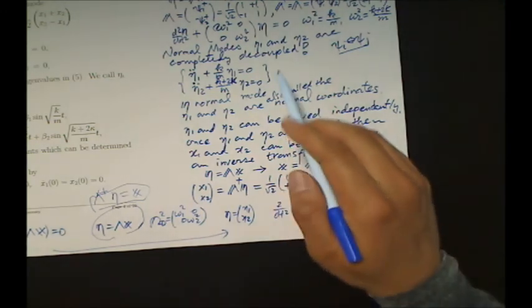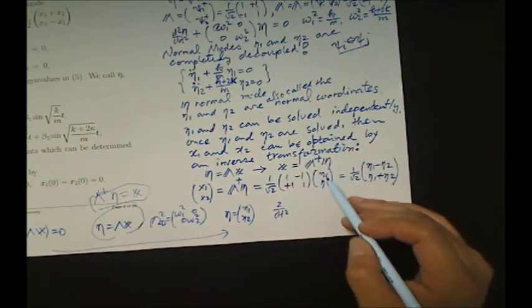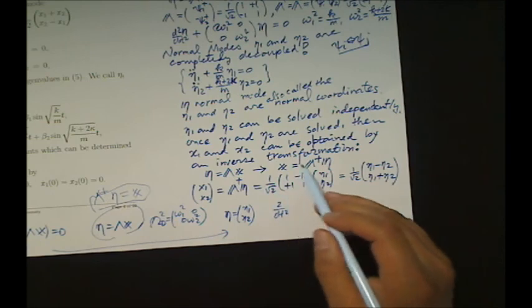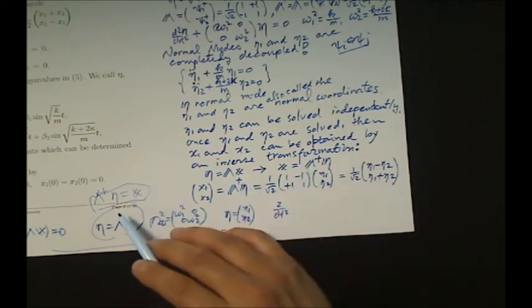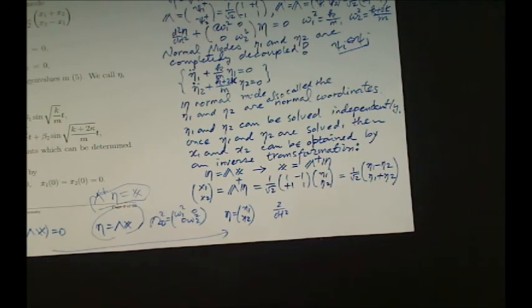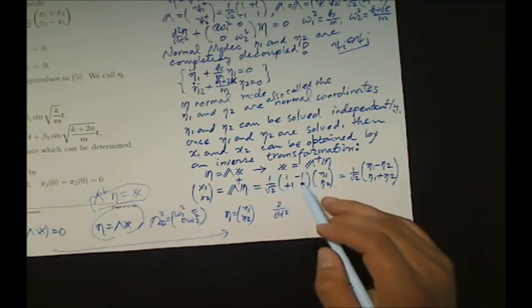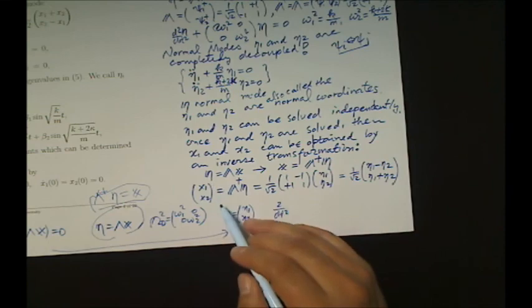By solving the normal coordinates, we substitute the solutions and multiply the inverse matrix lambda dagger, that lambda was used to diagonalize the matrix. We find the final result for x1 and x2.